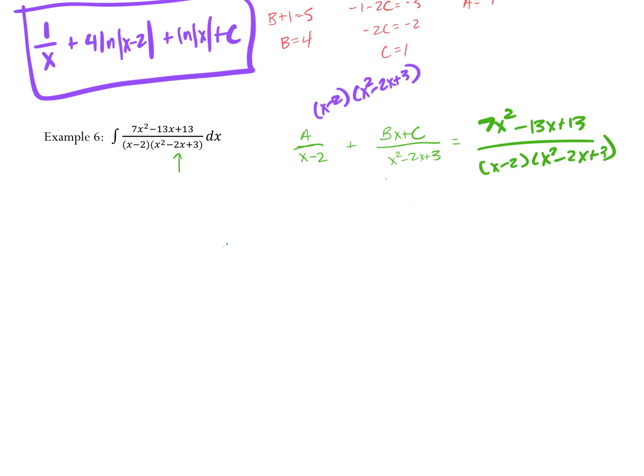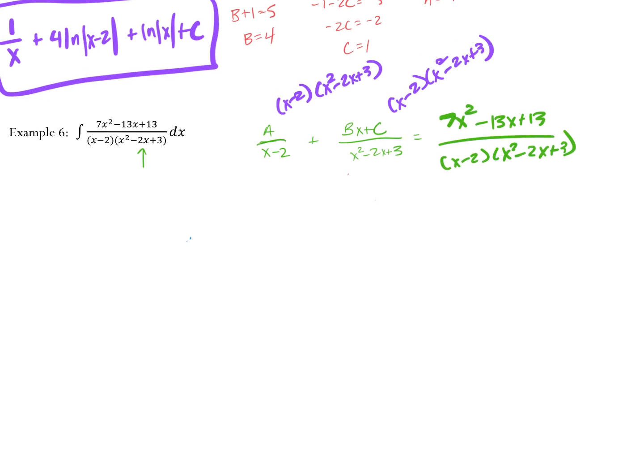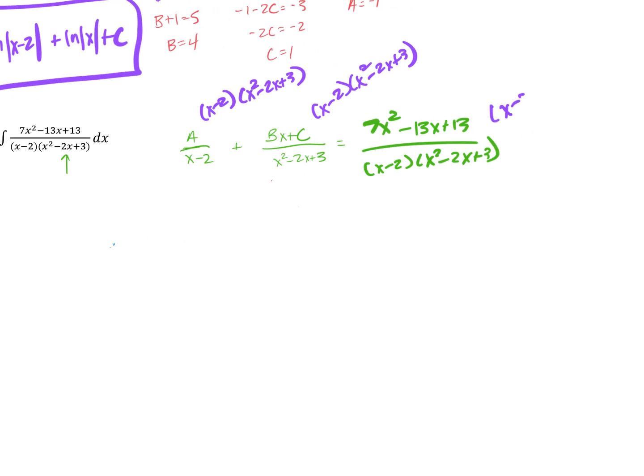If you get to the point where you're multiplying by what you need to multiply by, it is absolutely fine. So I'm just going to write what we got here.